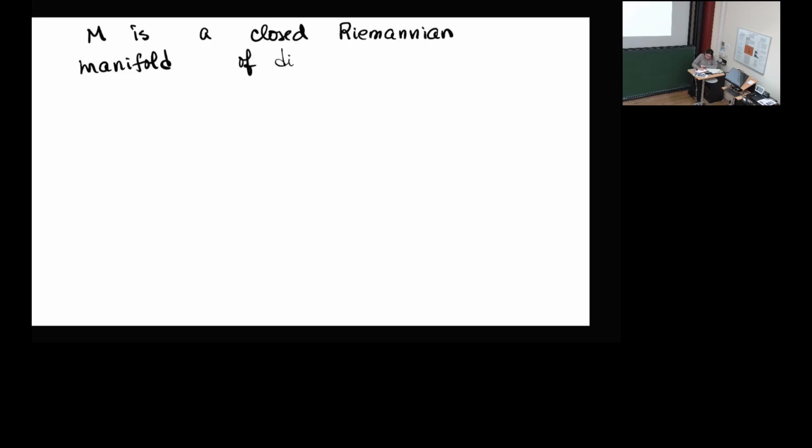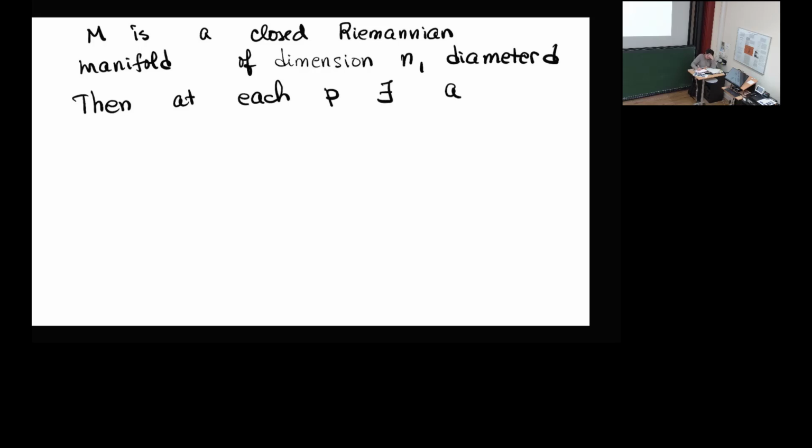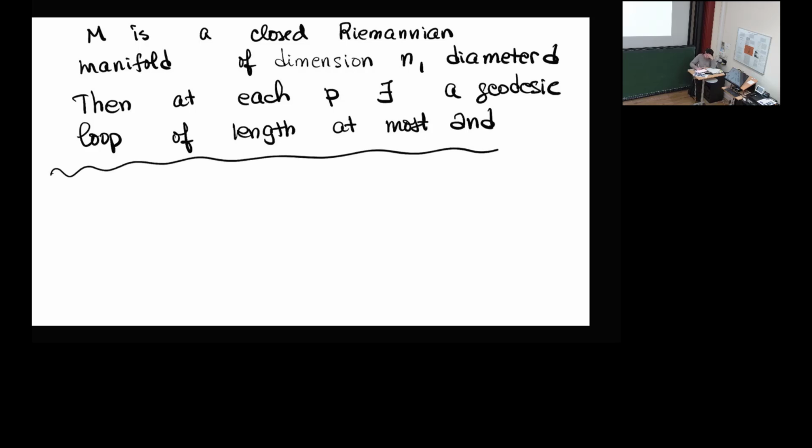of dimension n and diameter d. Then at each point there exists a geodesic loop of length at most... Okay, so I'm going to give an indication of a proof because I'm going to do it for a specific case.